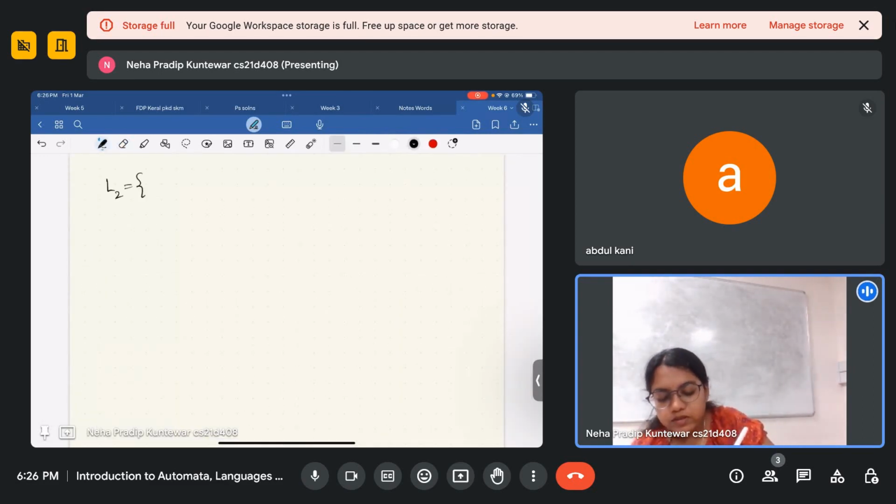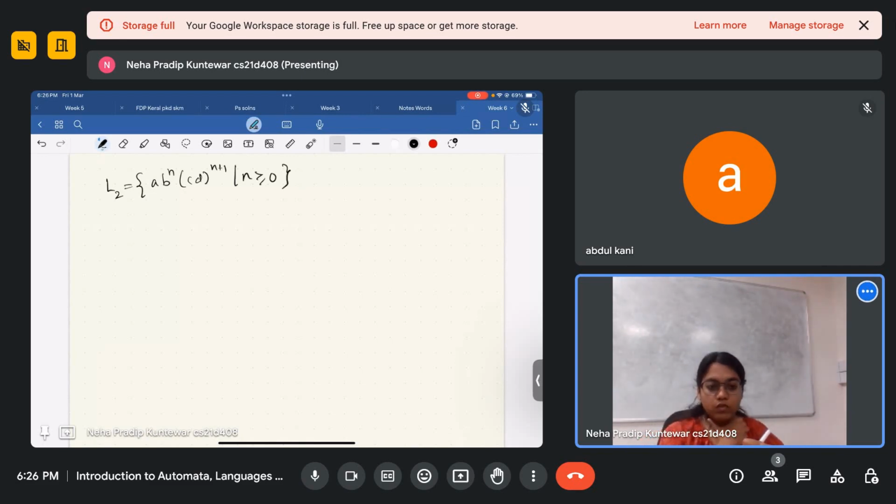So L2 is basically a b to the n, c d to the n plus 1, where n is greater than or equal to 0. It already gives you a familiar structure, like the language that we saw, 0 to the n, 1 to the n.